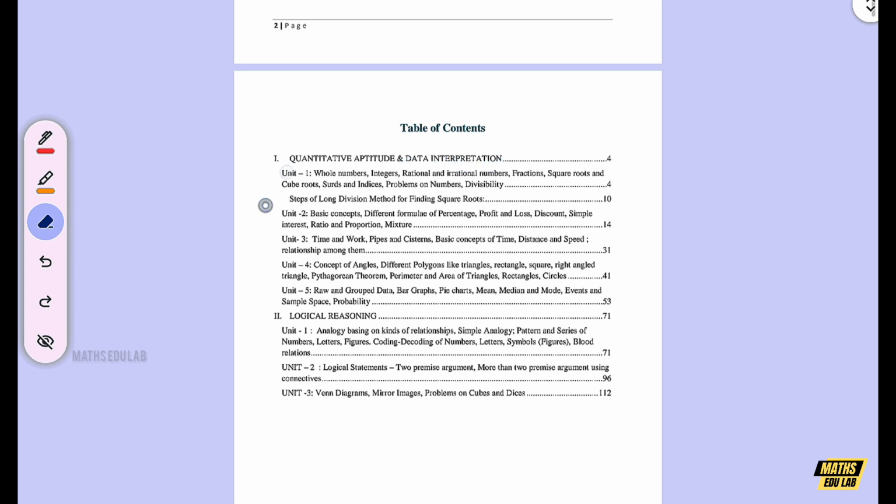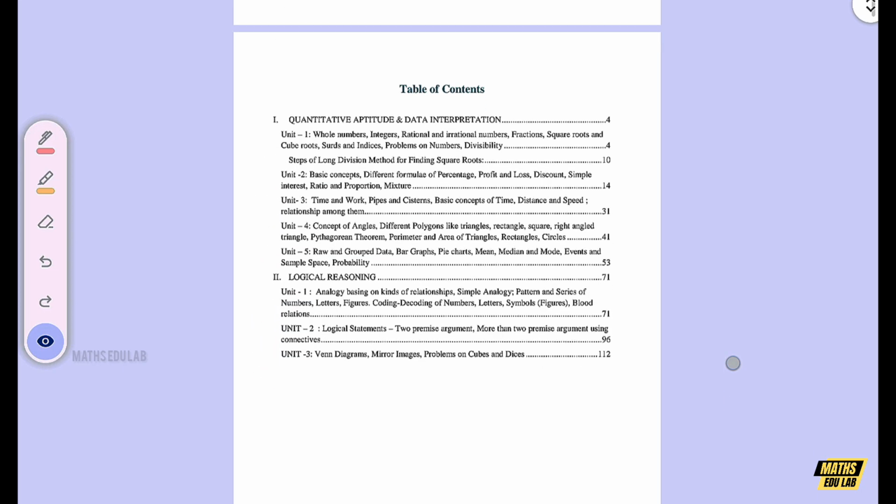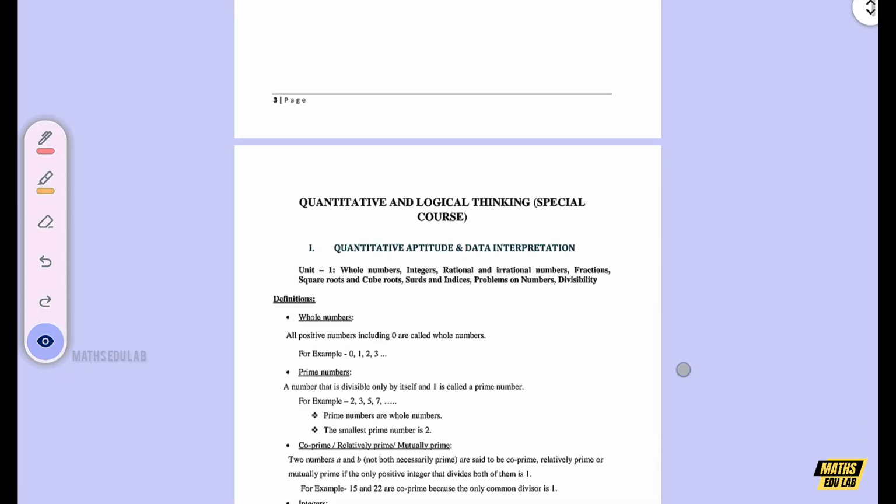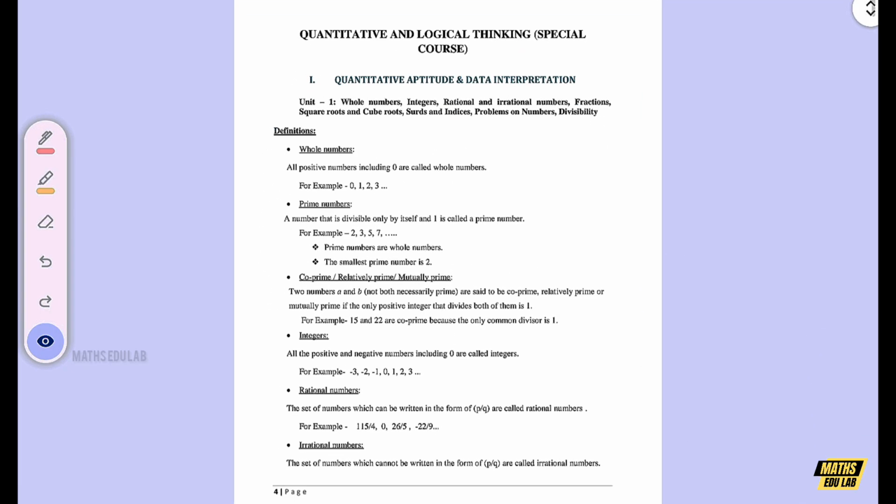Totally we have almost 5 units from the quantitative and 3 units from the logical reasoning. First we will start with the quantitative and logical thinking.